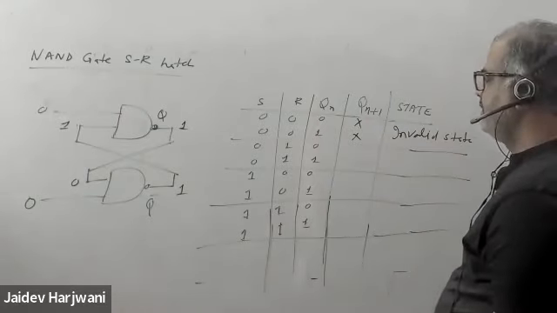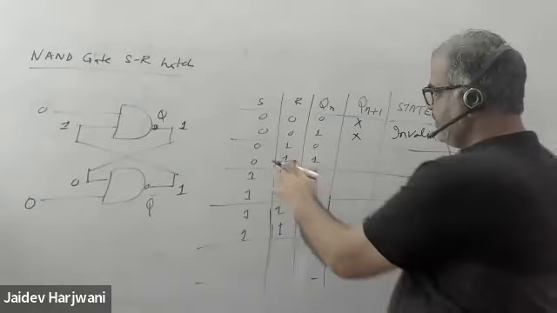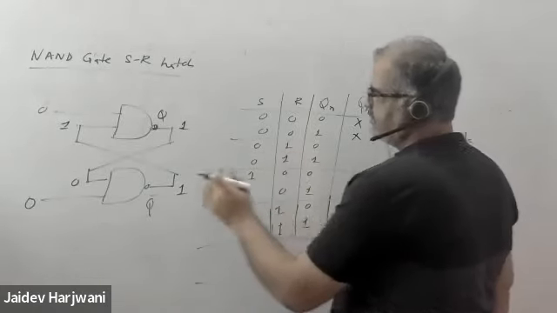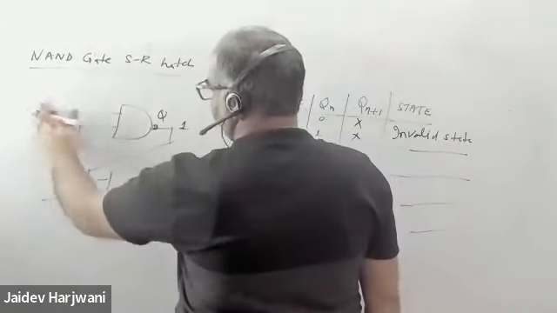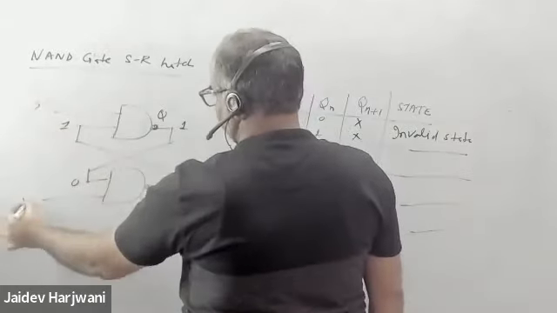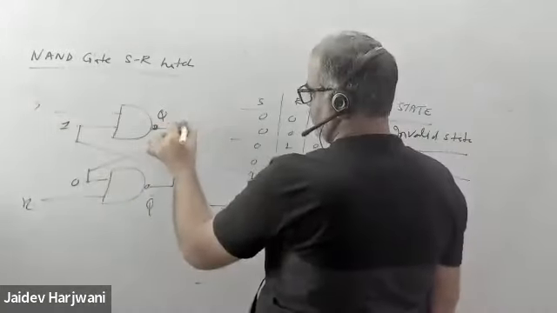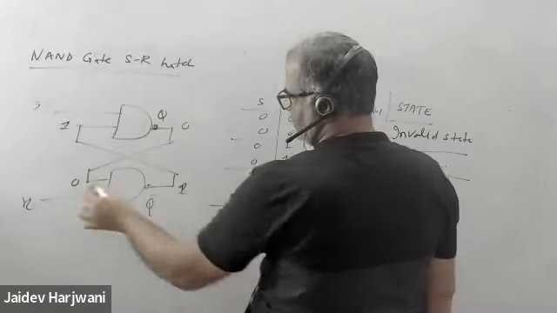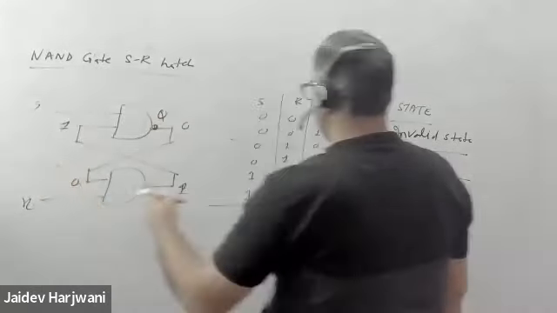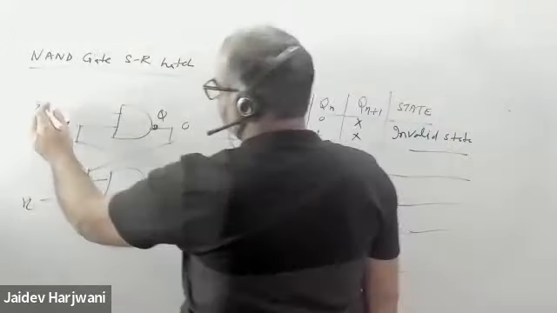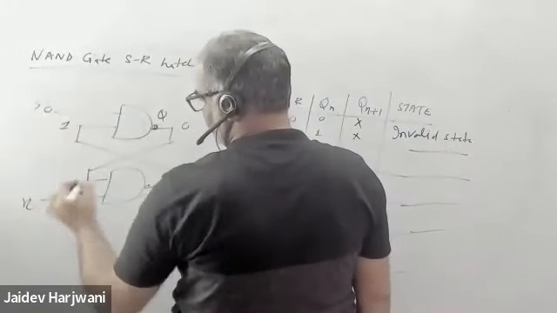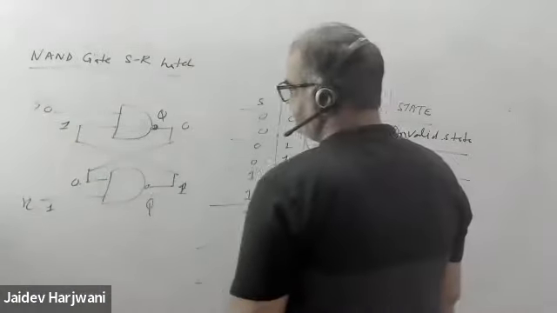Now you take S 0 and R 1. Say this is 0 and say this is 1, 0 going here, 1 going here. Now you give the input 0 1. So you give 0 here, you give 1 here. What happens again?